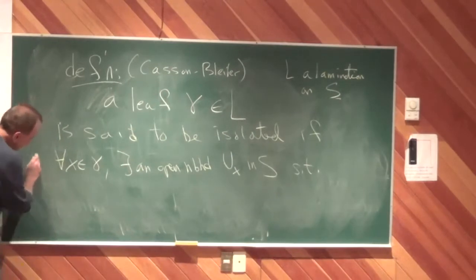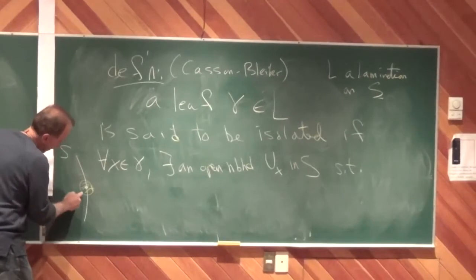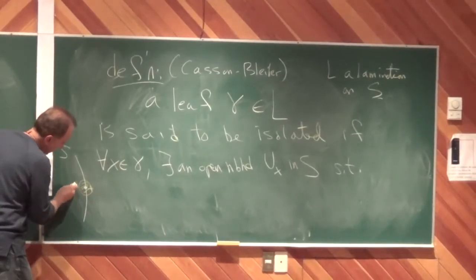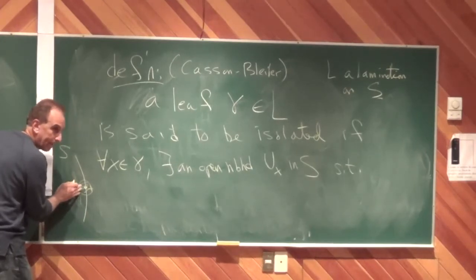you want this picture to, what should it mean to be isolated? It should be that you pick a point x, and there should be a neighborhood, here's the surface S, in which no other piece of the lamination comes through here.